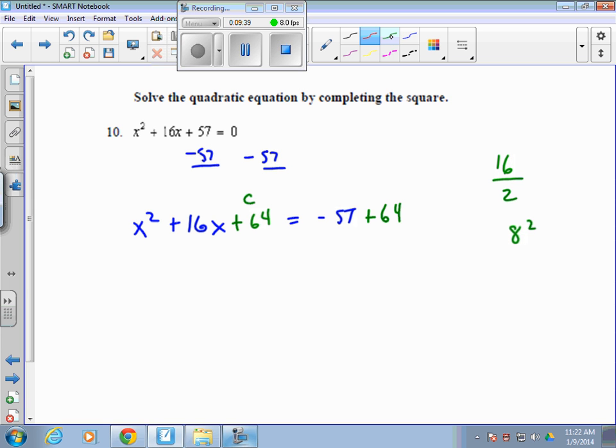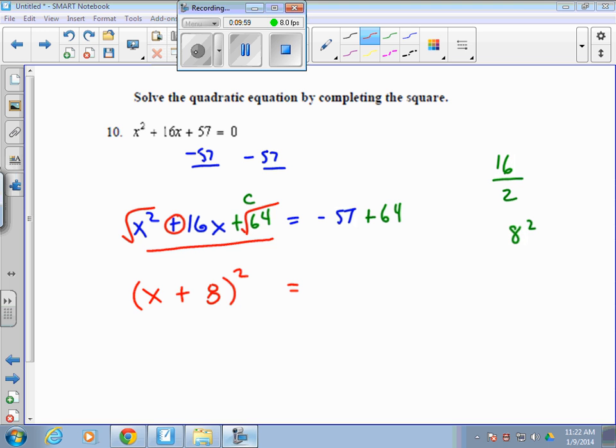So now you have a perfect trinomial here. Remember, you want to take the square root of the first one, which is x, and the square root of the second one, which is 8. The sign in front of the b tells you to put plus between them. So x plus 8 squared equals negative 57 plus 64. Negative 57 plus 64 is going to be positive 7.